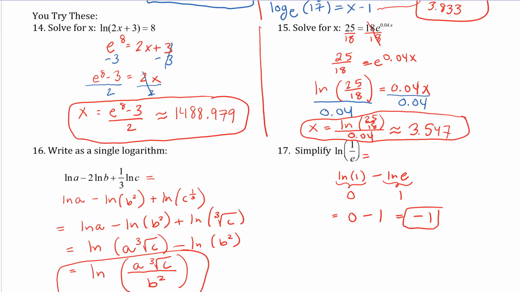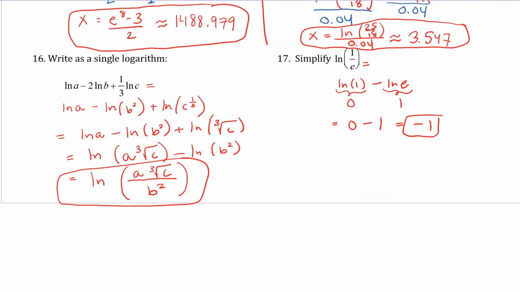Okay, so here are the answers to the U-tries. For the first one, I got e to the 8th minus 3 over 2, which was about 1,488.979. For 15, I had a strange looking answer. It was the natural log of the quotient, 25 over 18, and then all of that divided by 0.04, which as a decimal wasn't that bad. It was about 3.547.